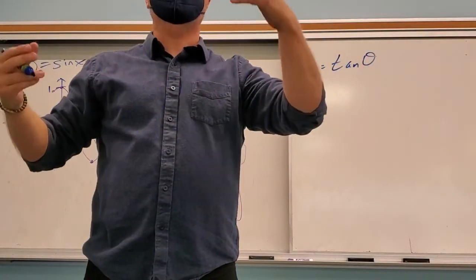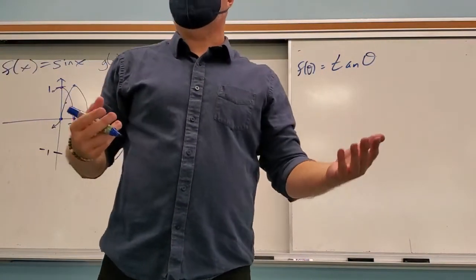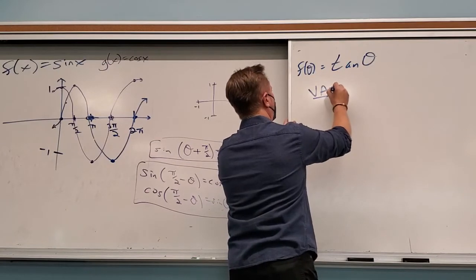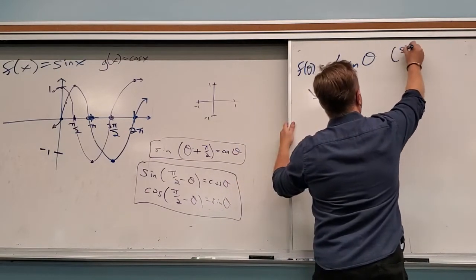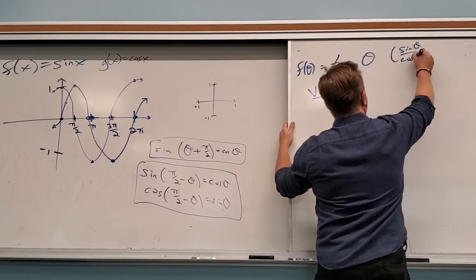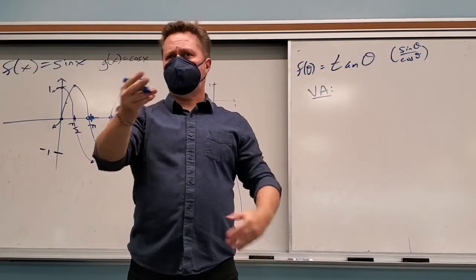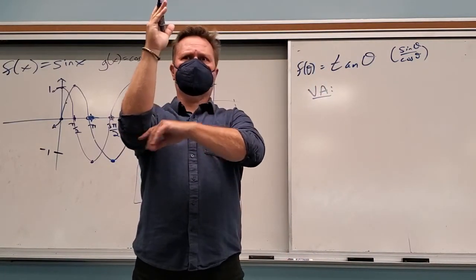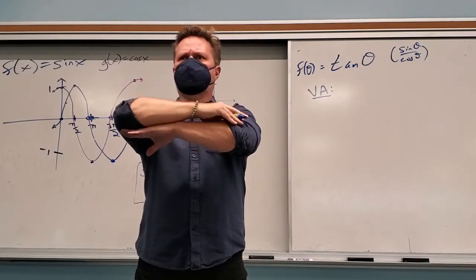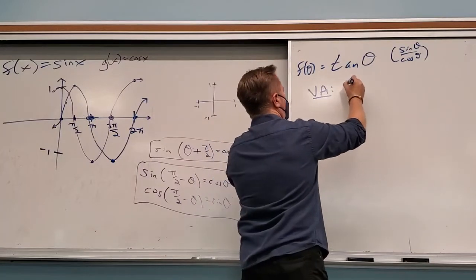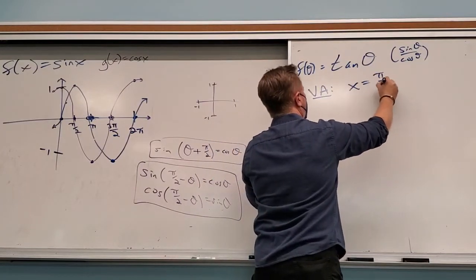When is cosine 0? Give me one place cosine is 0. 90 degrees, right? Pi over 2. Because there's no x there, it's all y. So cosine doesn't like it there. Cosine likes x. So there's a vertical asymptote at pi over 2.